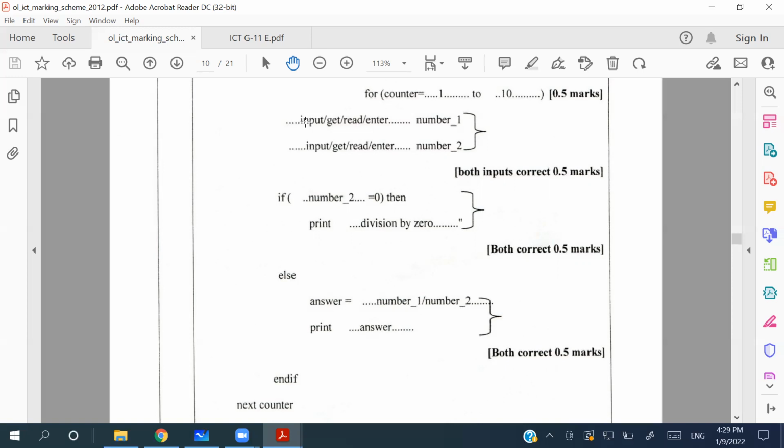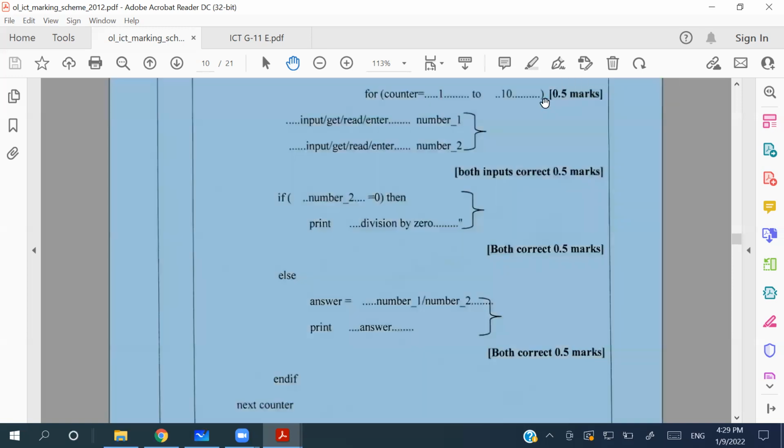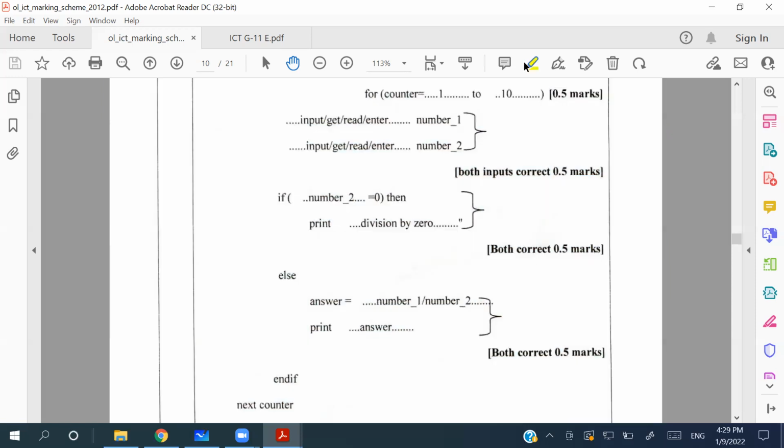They have given 0.5 for defining the range, 0.5 for both inputs, 0.5 for checking if a number is equal to 0 and having the message division by 0, and 0.5 for doing the operation and printing the answer. That's how the 2 marks are being given.